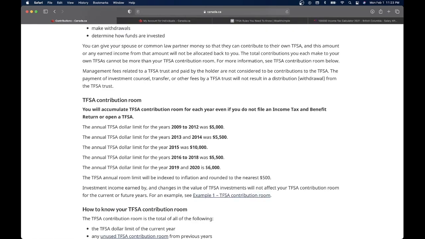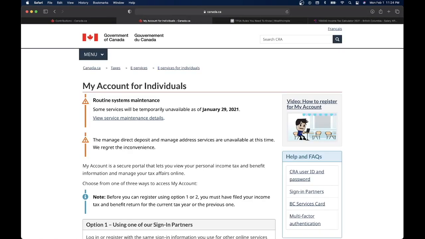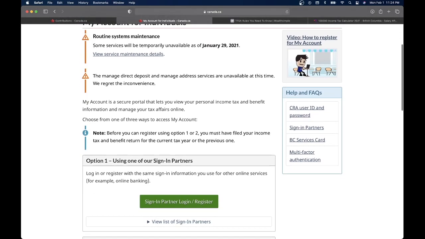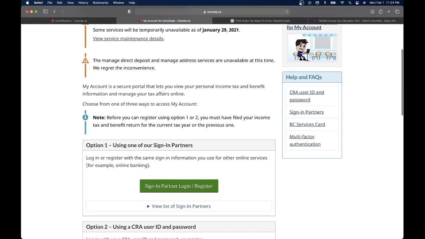Now, it's worth mentioning that these values are cumulative. So it means that if you open your TFSA account a while ago, like me, and you haven't quite used it to its full potential, you would now have a pretty comfortable room. You can actually check what your contribution room is by going to My Account for Individuals for the Canada Revenue Agency, the CRA, and you can quickly log in.